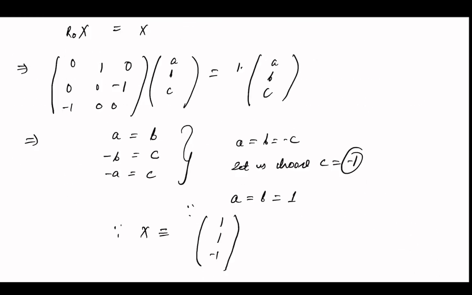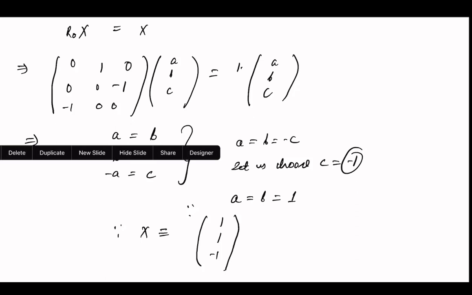So for the unit vector we will just normalize this matrix, and this is a simple exercise where you can find the normalization by this equation: X transpose X is equal to 1. Therefore A B C, the transpose of this column matrix, which is a row matrix, is equal to 1.